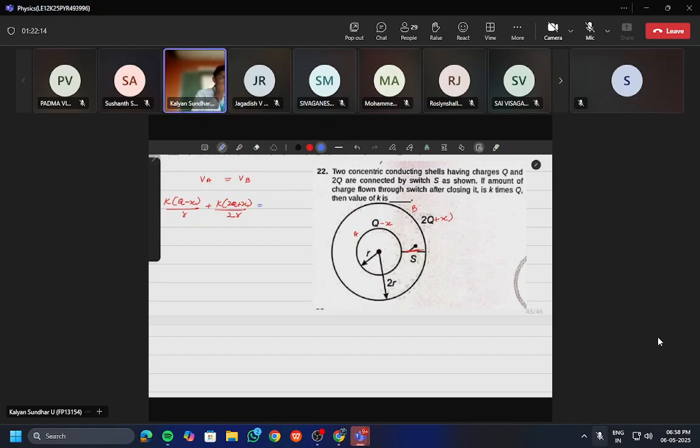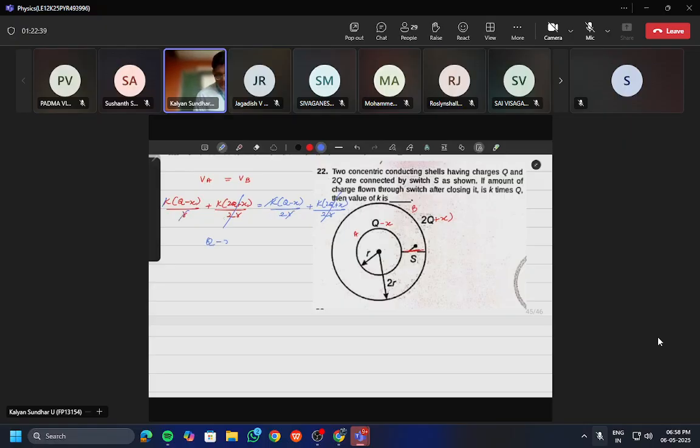Right? Which will be equal to the potential at B due to A shell plus due to B shell. Due to A shell, how much will it be? K into Q minus X divided by 2R plus K into 2Q plus X divided by 2R. This will get cancelled out. Correct? K will get cancelled, R and R will get cancelled.